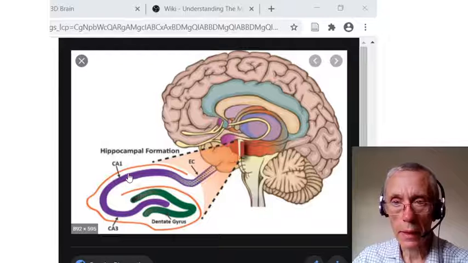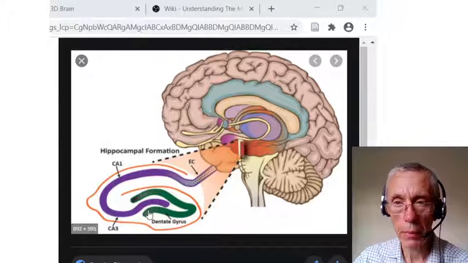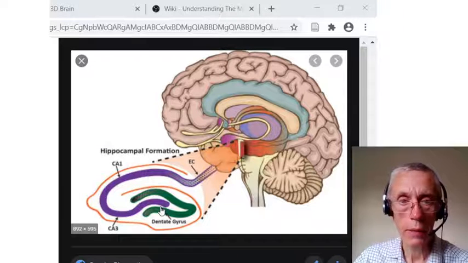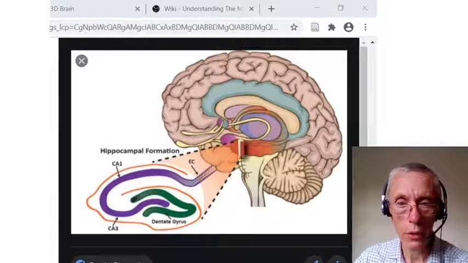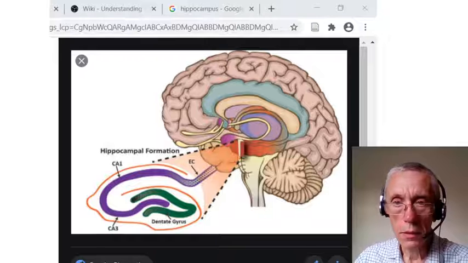So this is that kind of curled in structure that you talked about. So this is now expanded, and you also notice that, a bit like a toenail on the end, you've got this thing called the dentate gyrus. So this is more or less what it looks like. There are some other ways of viewing it too.